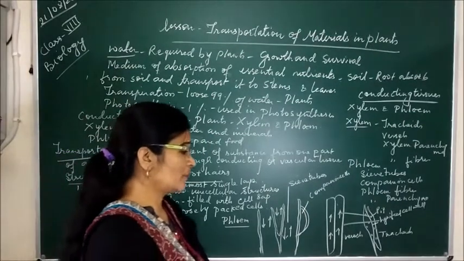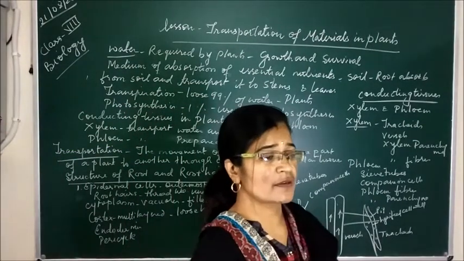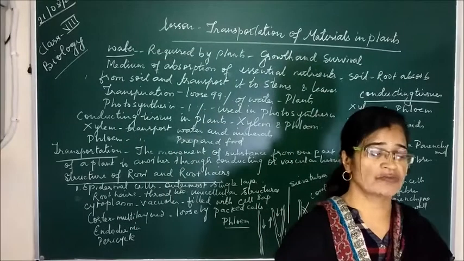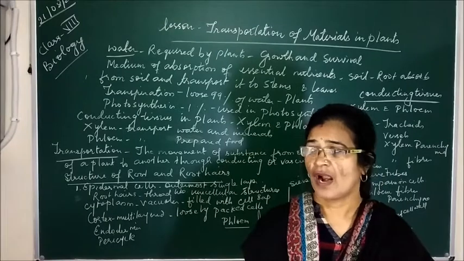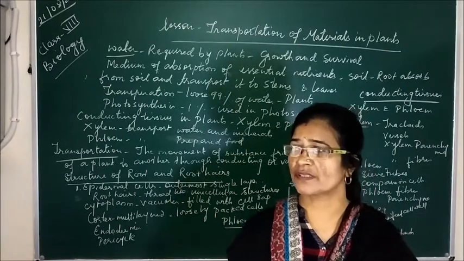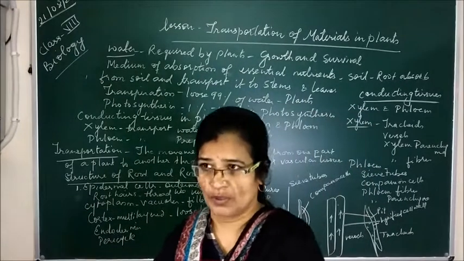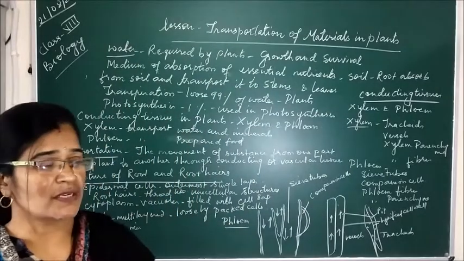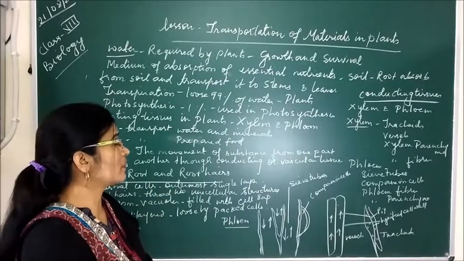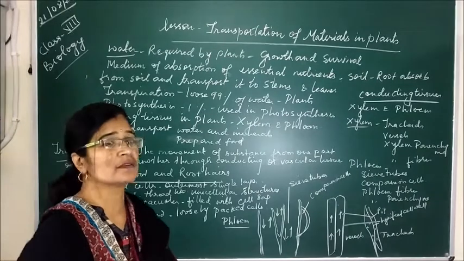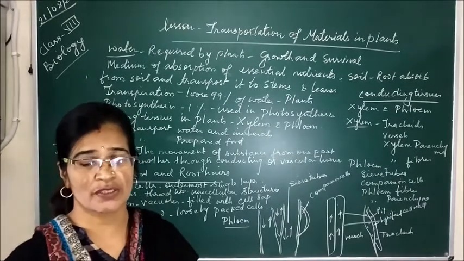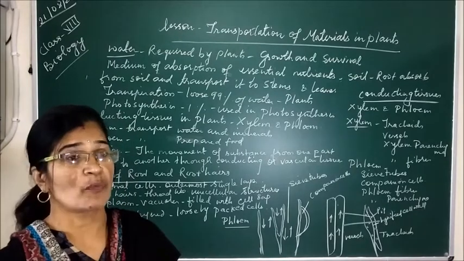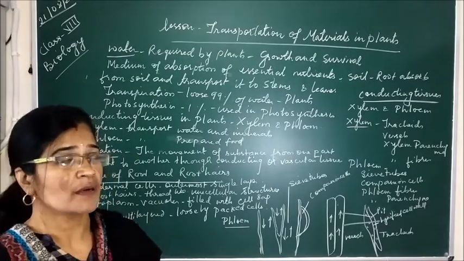As you all know, plants have roots, and roots have root hairs which absorb the water and minerals from the soil, and these water and minerals are transported to different parts of the plant. Not only the water and minerals, but also the plants synthesize food during photosynthesis, and this food is also transported from leaves to different parts of the plant.